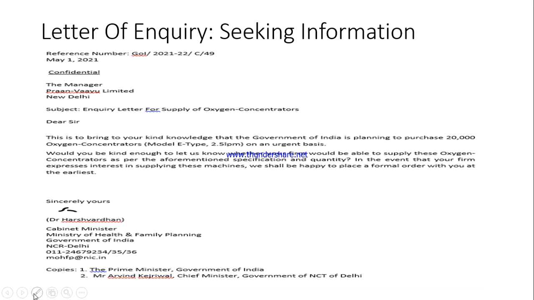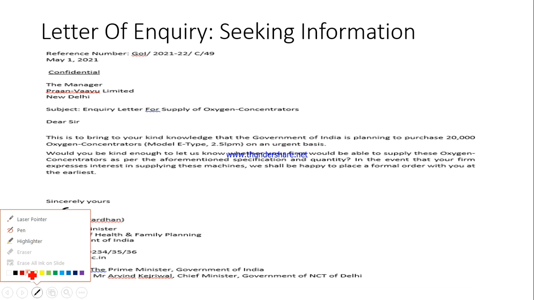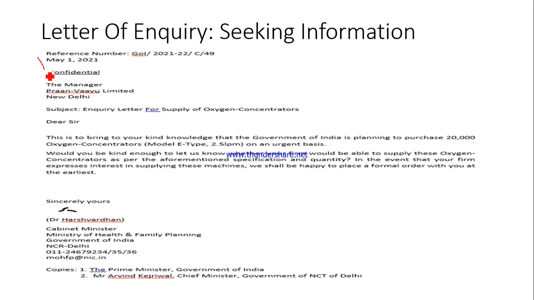Here, let me tell you that this is the reference number, the date. Now please understand, this is the full block form. So everything has to start from the left extreme, and there should not be any gap from the left extreme, and that is what I am doing here. Reference number, then we've got the date, then we have the special marking.